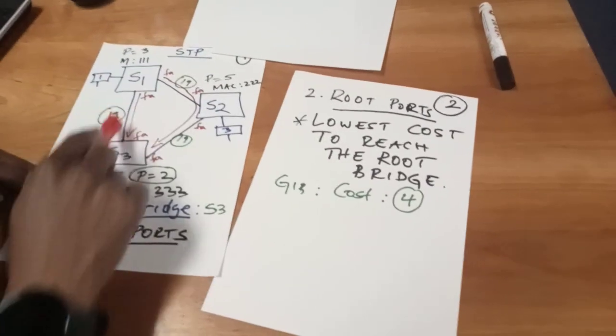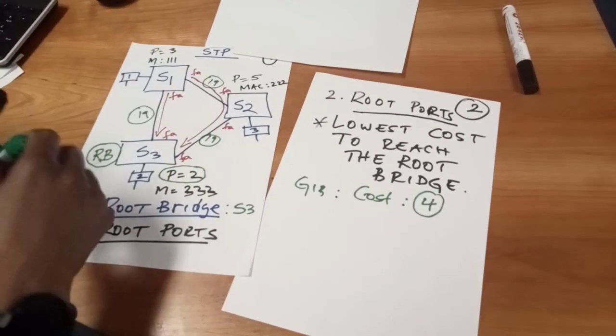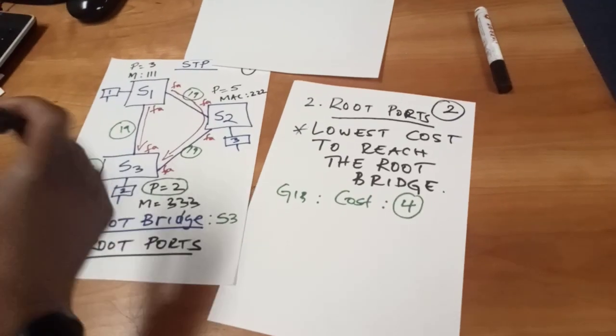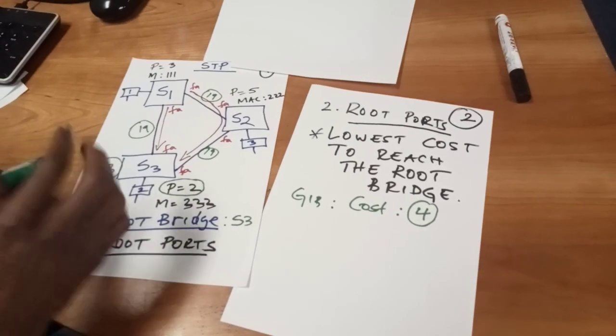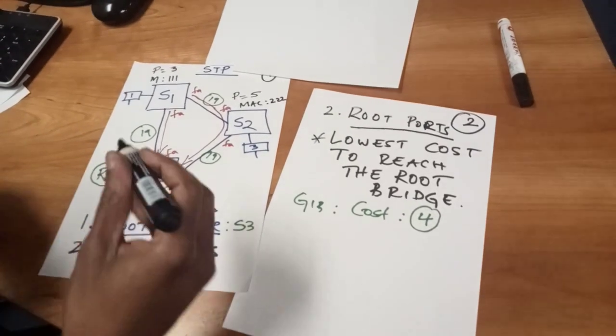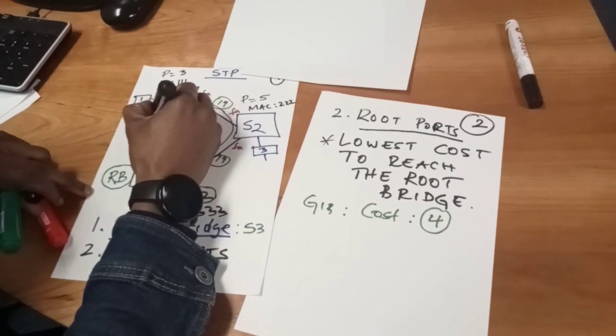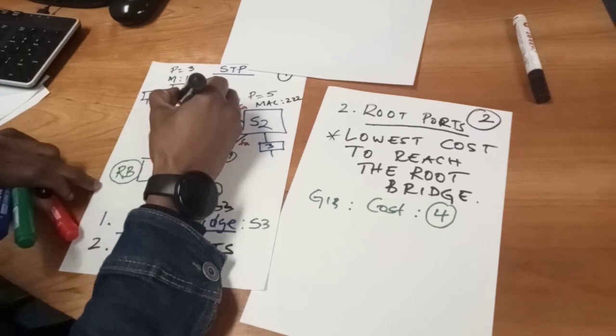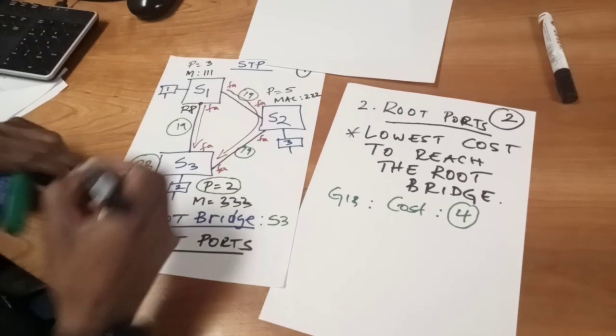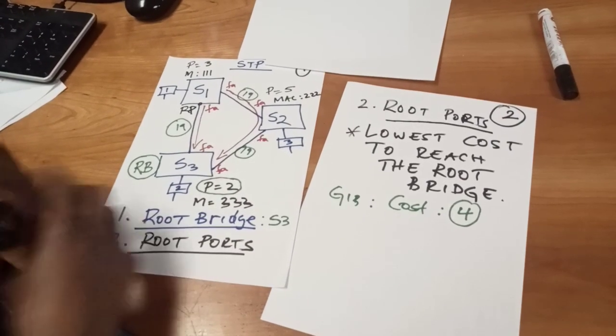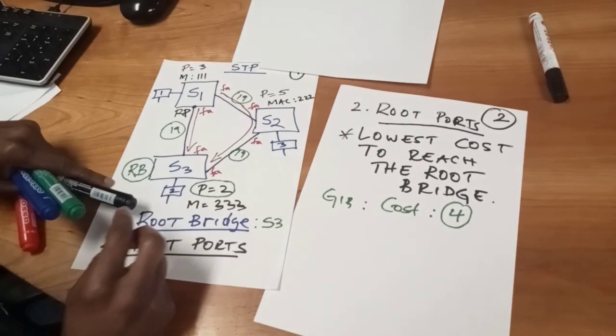So this one is the shortest one, so we're going to choose this one as a root port. This is what we call the root port. Why? Because it's the shortest one, so the cost is lower.